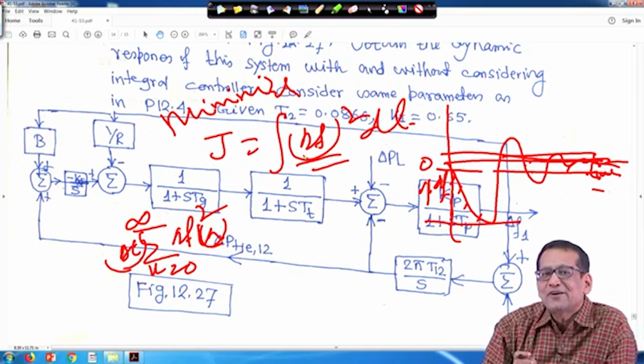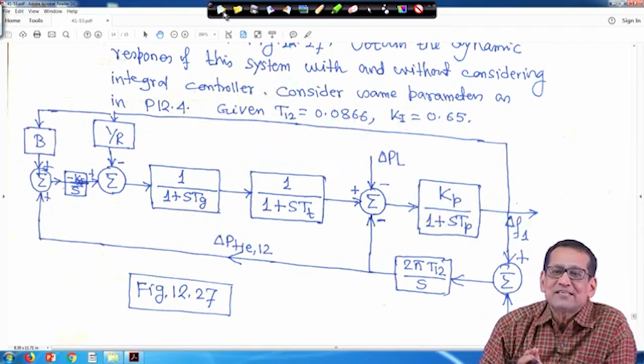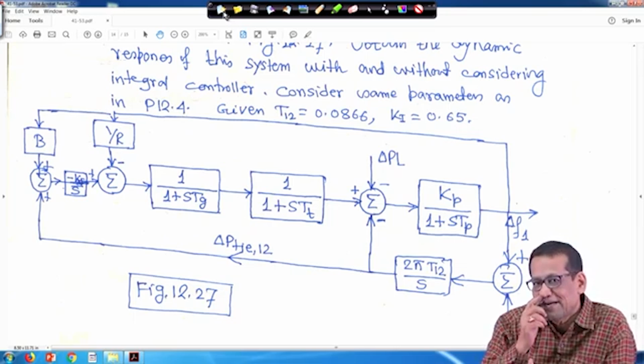The details are beyond the scope of this course, because we have to think from the point of view of your classroom exercise. Similarly, for a two area system also we can take an objective function, that is J equal to the integration of delta f1 square plus delta f2 square plus delta P tie 12 square into dt.